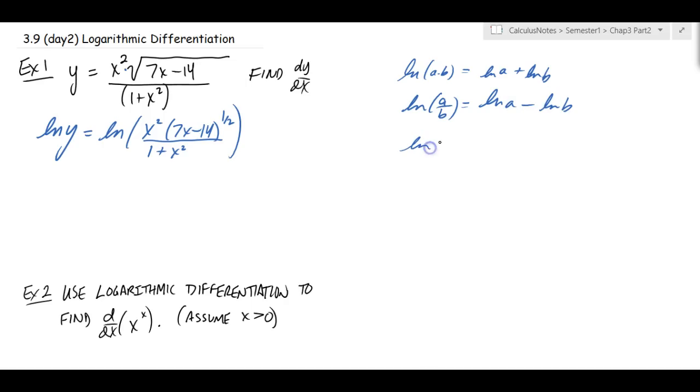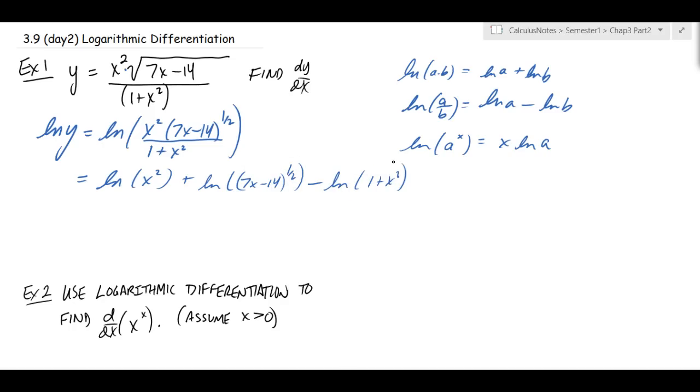And you learned that the natural log of a to the x is x times the natural log of a. So we can apply all three of those properties to this problem to rewrite the right side as the natural log of x squared plus the natural log of 7x minus 14 to the 1/2 power minus the natural log of 1 plus x squared.